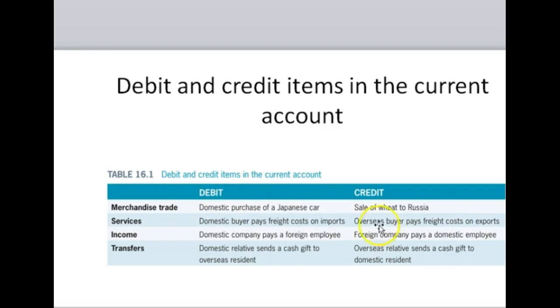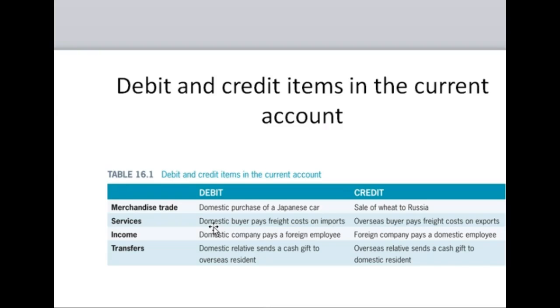Credit again when the overseas students pay us the enrollment fees, so that will come under our credit in the services account. And when an Australian student goes overseas and pays overseas university fees, it will be recorded as a debit in the services account.